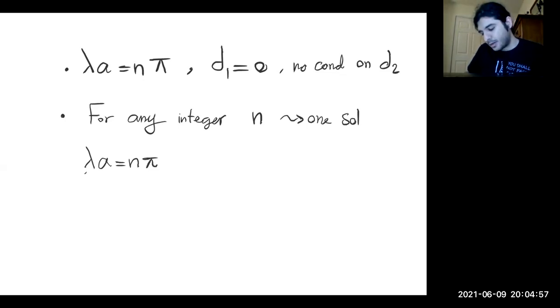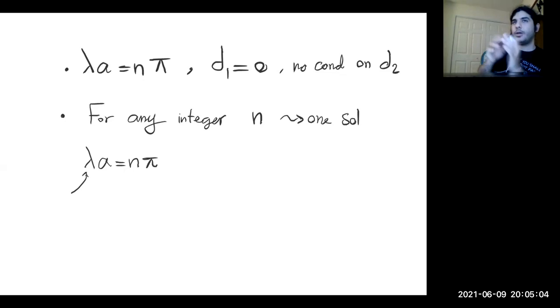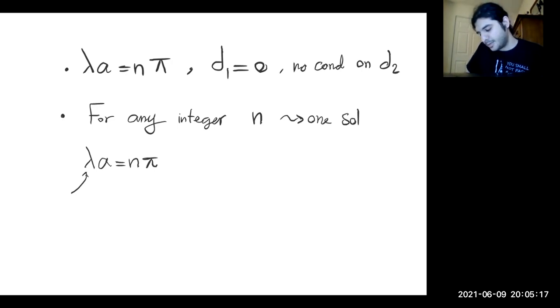Well, lambda was a constant. We know how it's related to c, right? That's something which we already know. From this equation, maybe it's better to call this lambda sub n to mention this is a function of n. From this equation, we get lambda n is equal to n pi over a.